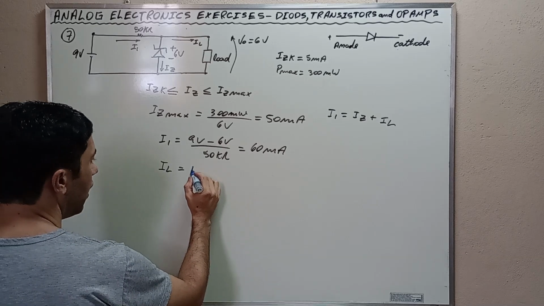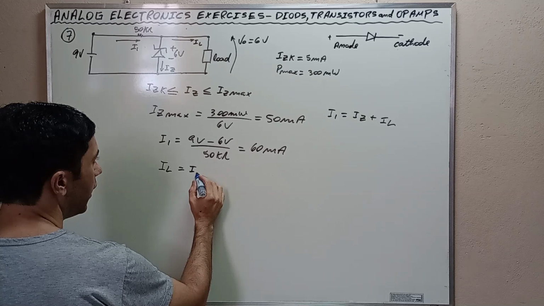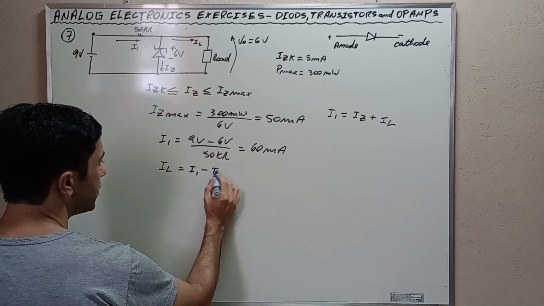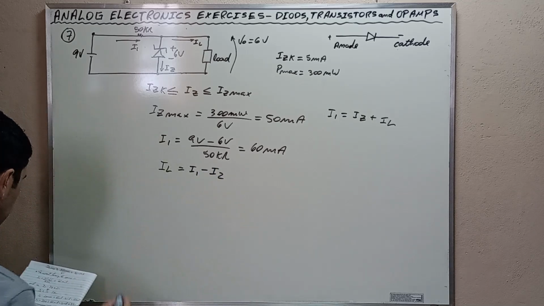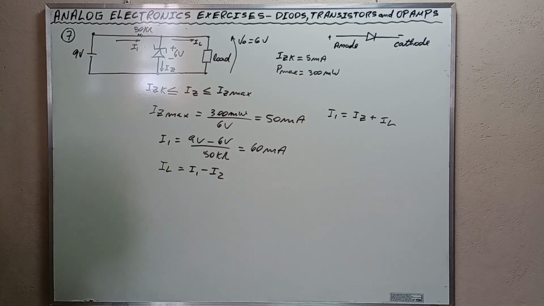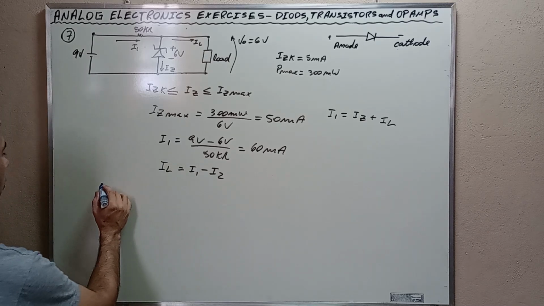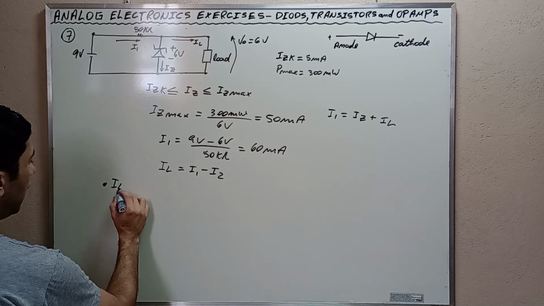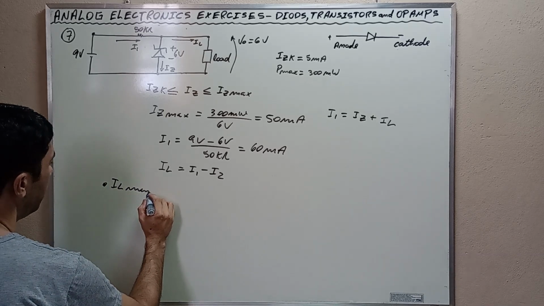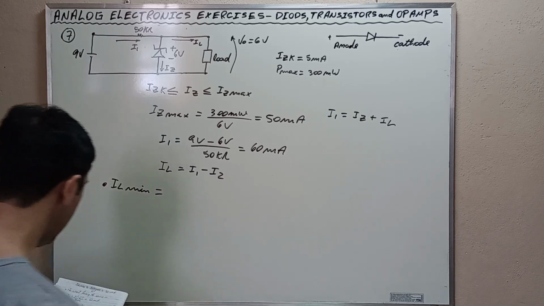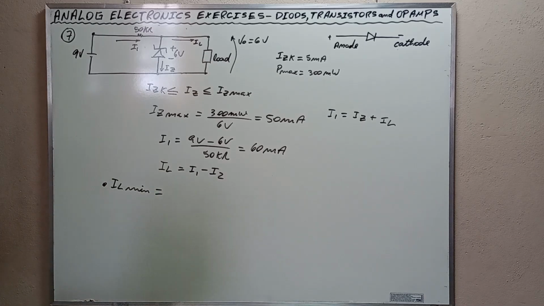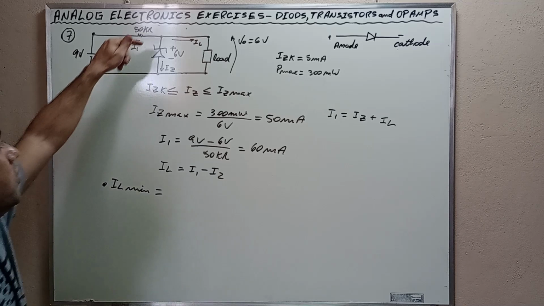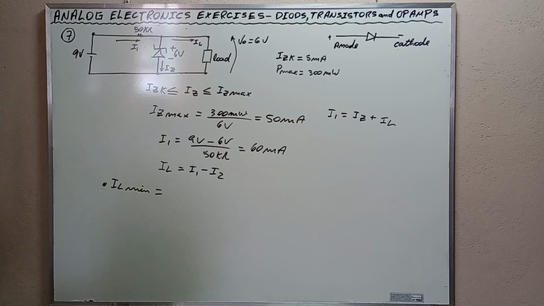Okay, IL is equal to I1 minus IZ. Let's calculate the minimum value of IL, the minimum value of the current that goes to the load. IL minimum occurs when the current that passes through the Zener branch is maximum.